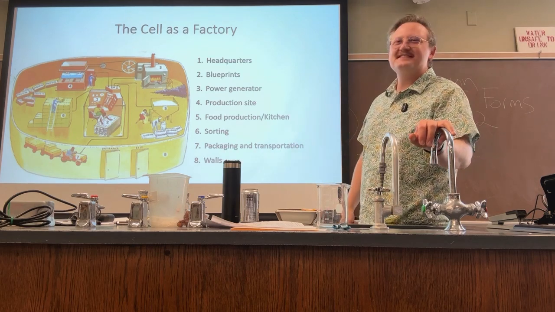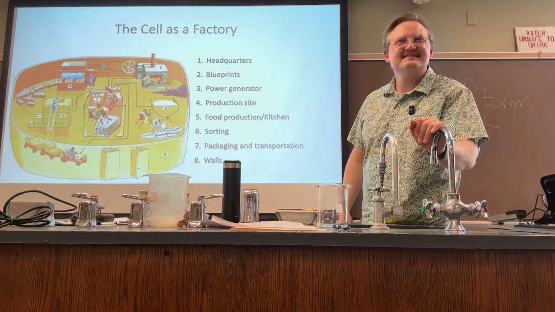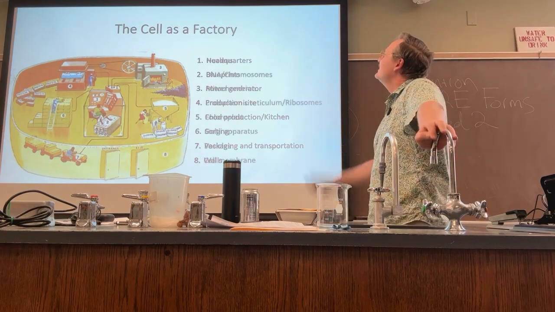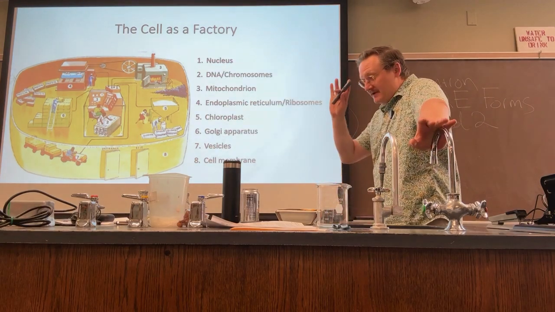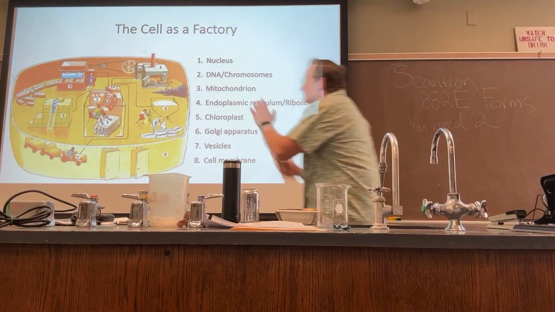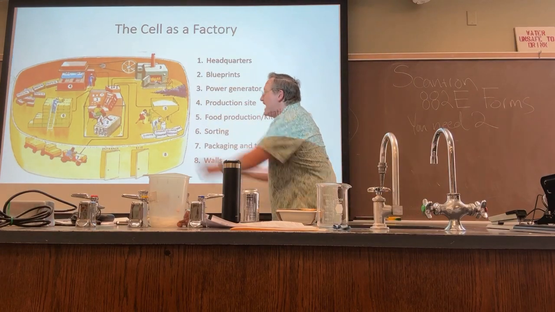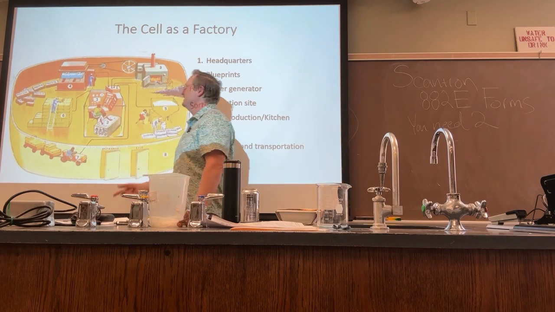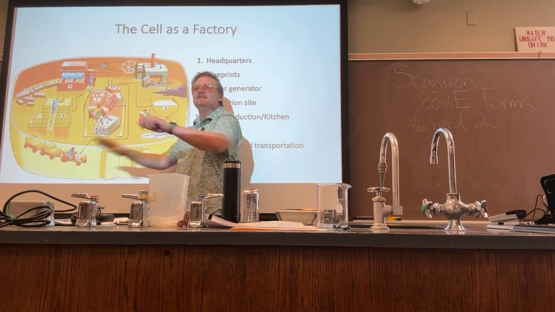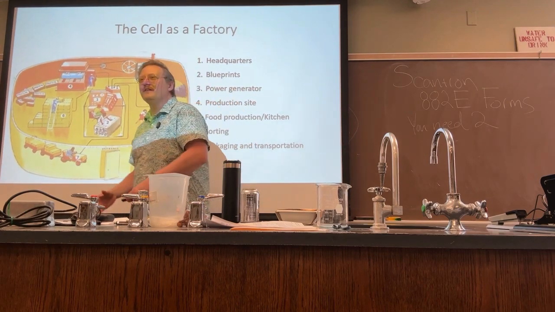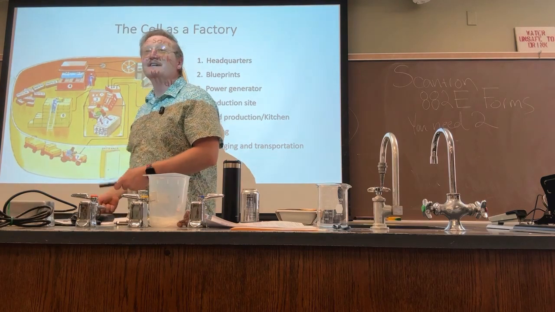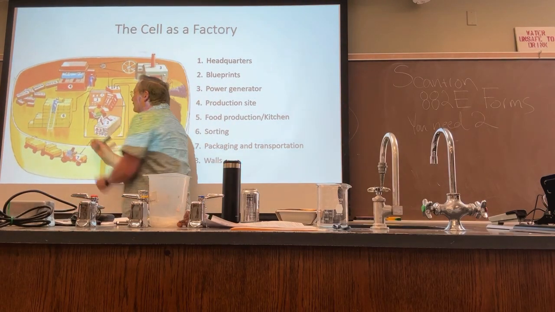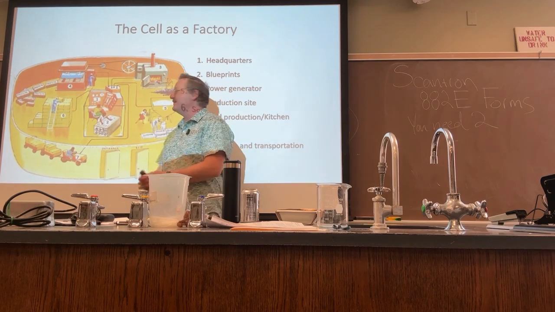All right. Cell is a factory. In a factory, you've got the headquarters. Within the headquarters, this area is blocked off from all the lesser workers, because you wouldn't want one of them to accidentally spill their coffee on the blueprints. So you keep them in a safe little room surrounded by a nuclear envelope.